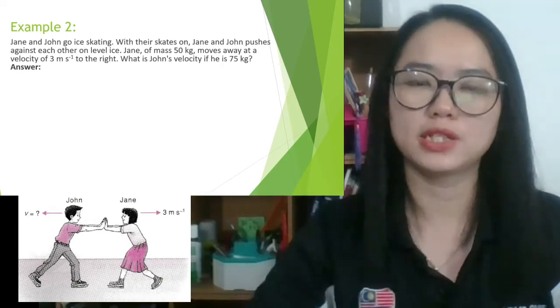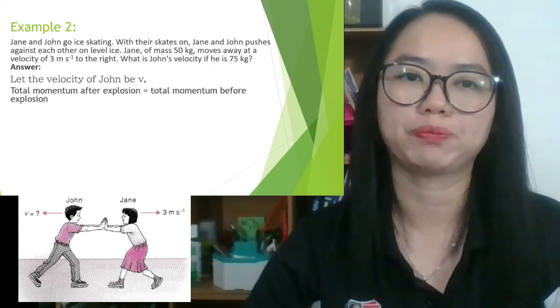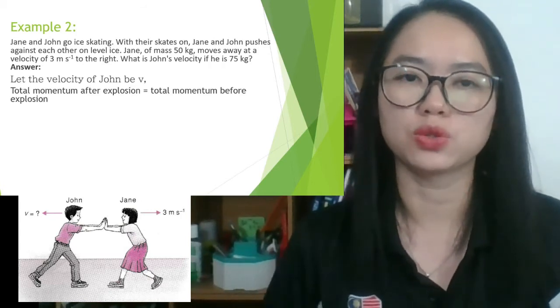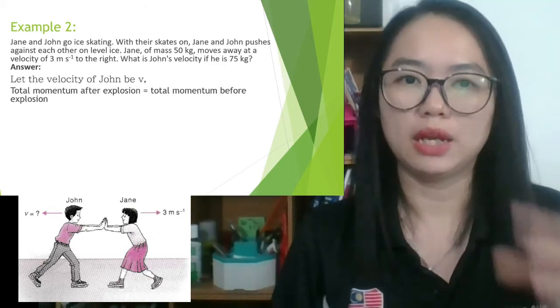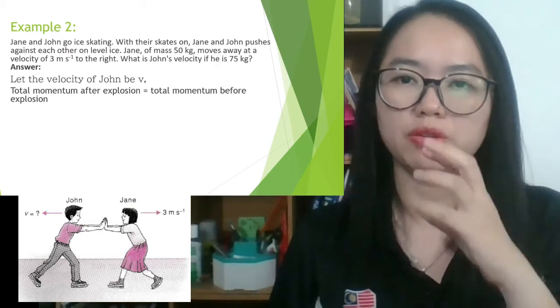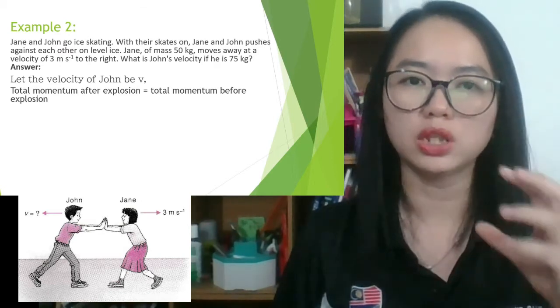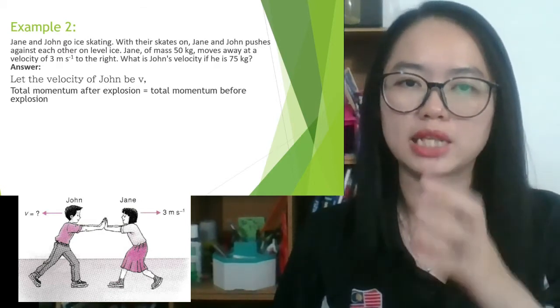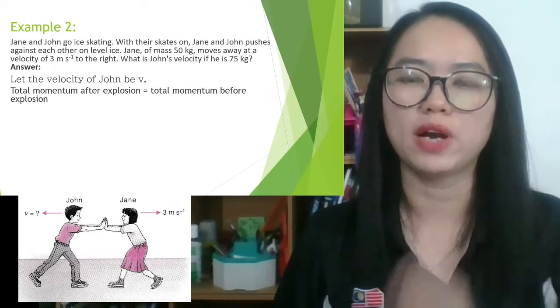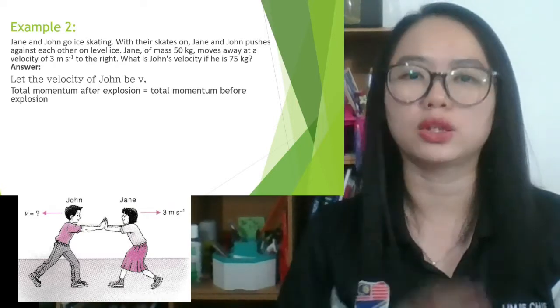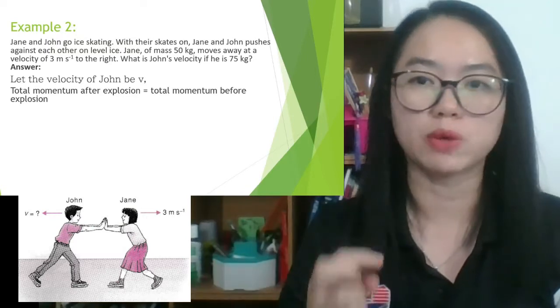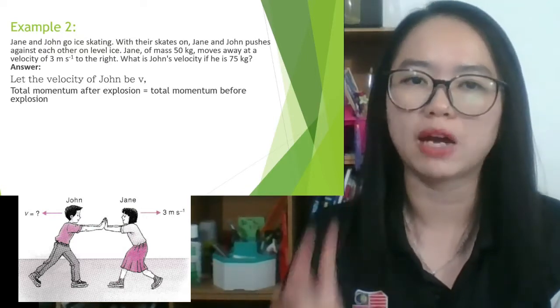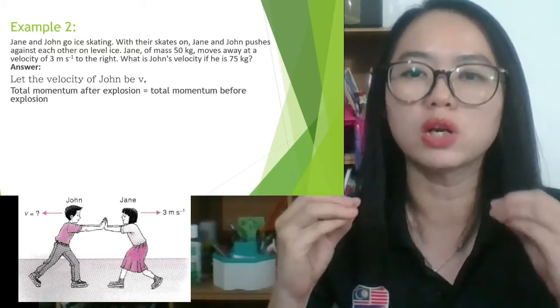First thing, we let v equal the velocity of John. Then we know that from the principle of conservation related to explosion, the total momentum after explosion is equal to the total momentum before explosion. If you want to write the total momentum before explosion equals the total momentum after the explosion, that is also correct.